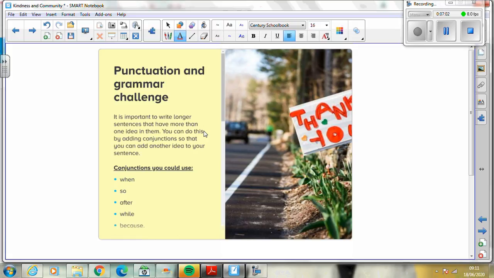And these conjunctions allow you to add another idea into your sentence. We're going to be using conjunctions in the next task that I show you. But before you go on to do your main writing task for this week, you could practice writing some example sentences with these conjunctions in.